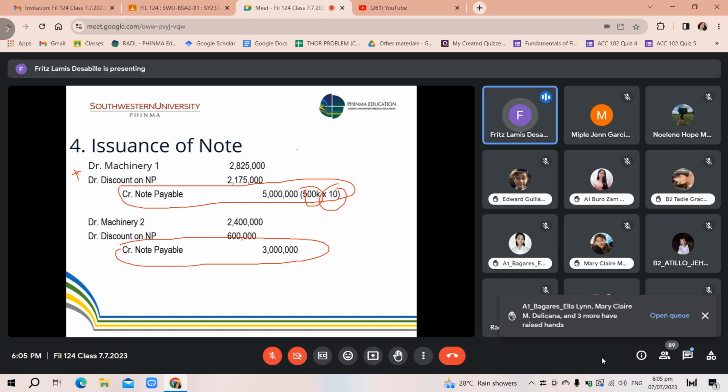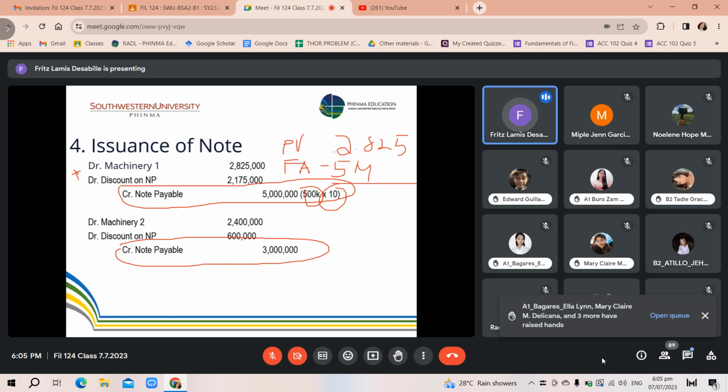So we have the present value and the face amount. The face amount here is 5 million. The present value is 2.825 million. Obviously, if we compare the two, there is what we call a discount on note payable, which is their difference.